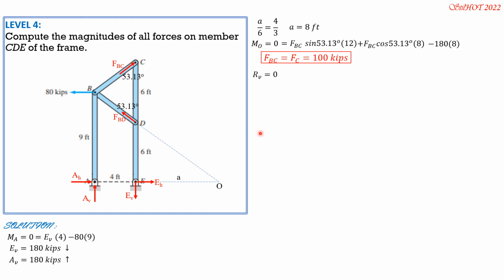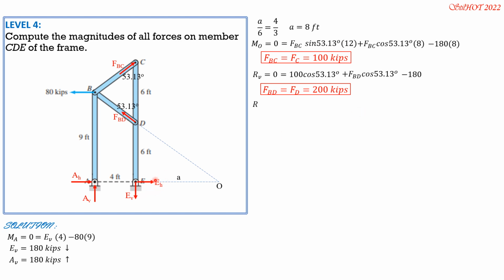So we have FBC, which is 100 cosine of 53.13 degrees, plus FBD cosine of 53.13 degrees, then minus E sub V, which is 180. So from there, we can solve the force on FBD. It is equal to 200 kips.